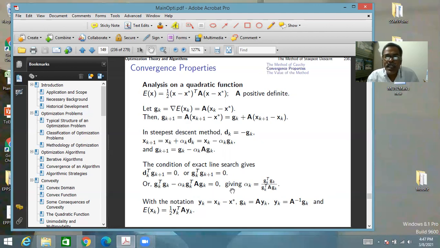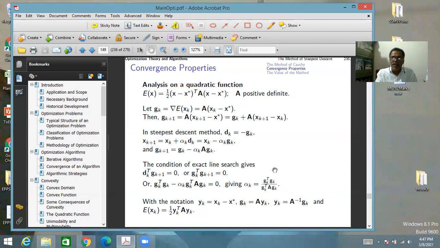From here, basically, we get the expression for alpha k, the line search result. And you see, for a quadratic function, the line search result is analytically available if you know the matrix A. Okay, because for a quadratic function, you will typically know that. So based on the gradient, you can find this.